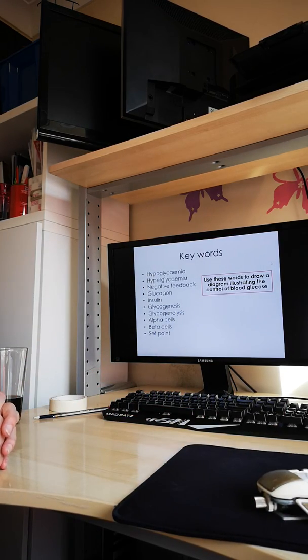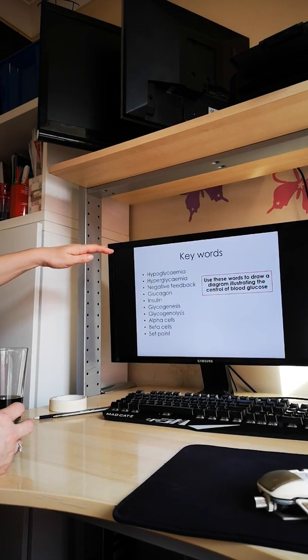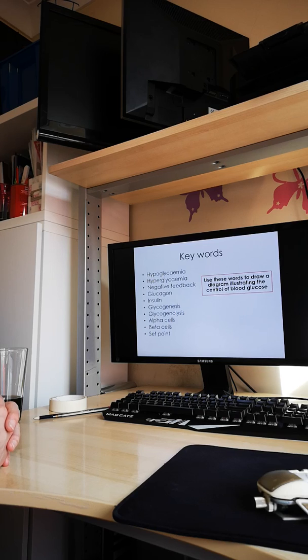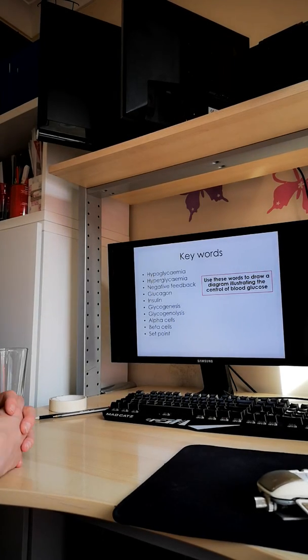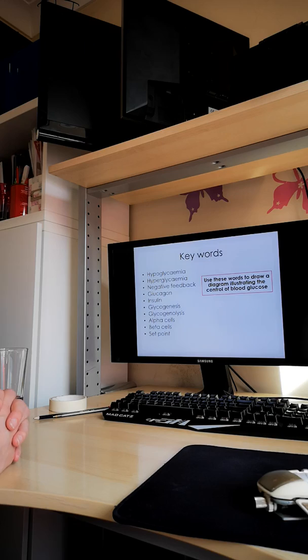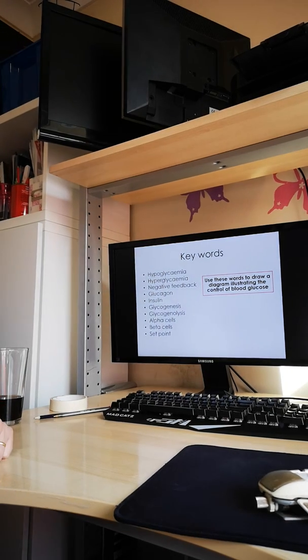I want you to get some A4 paper and focus on those keywords and draw a diagram that illustrates the control of blood glucose. If you're struggling a little bit, then you can play and I will do it alongside you, but if you can give it a go yourself first, that would be brilliant.